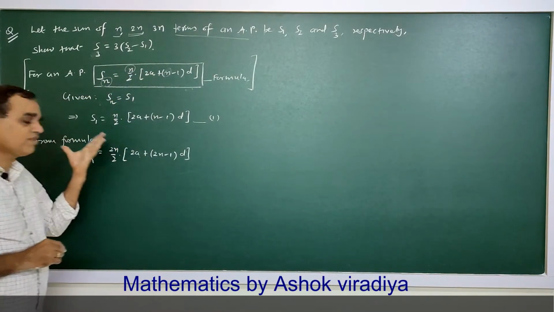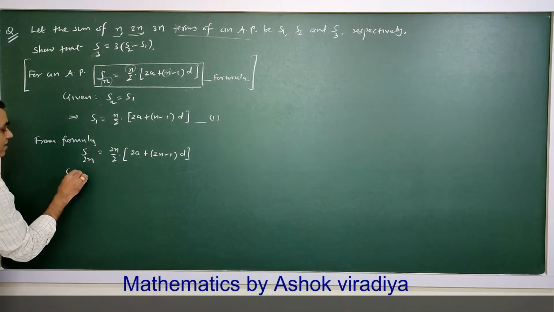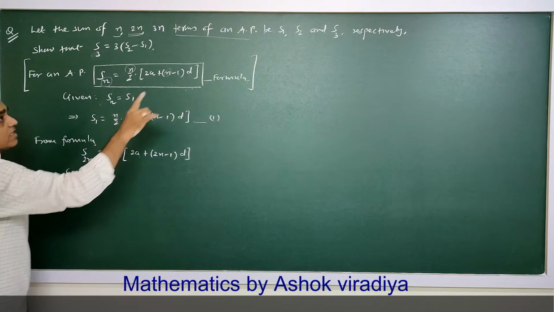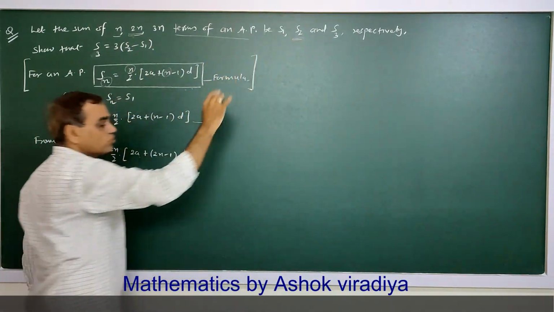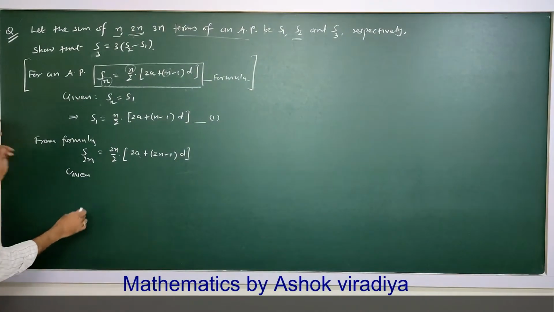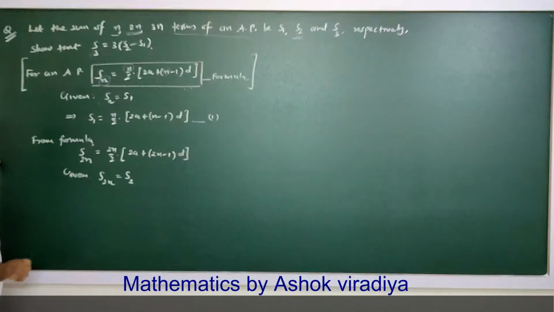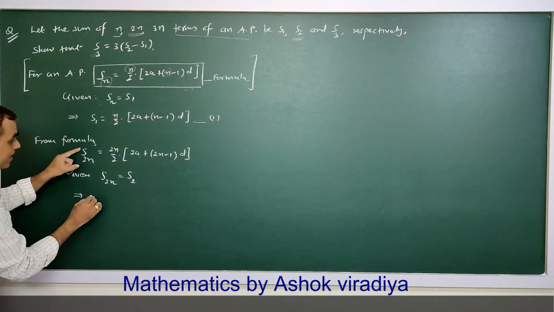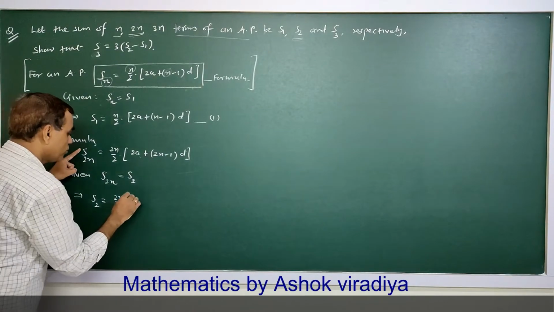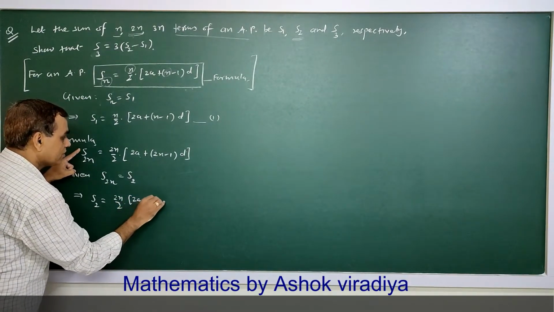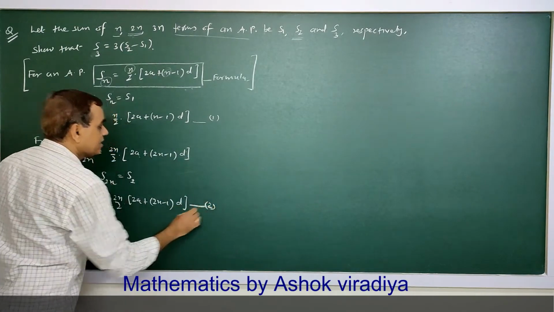So it is sum of first 2n terms. But we are given sum of 2n terms is S2. So S2n is S2. So S2 is 2n by 2, 2a plus 2n minus 1 into d. It is equation 2.